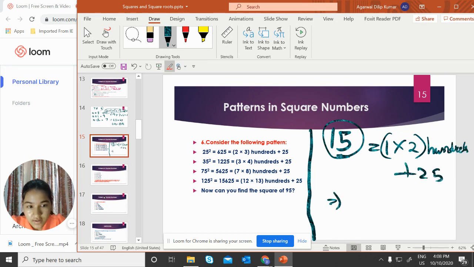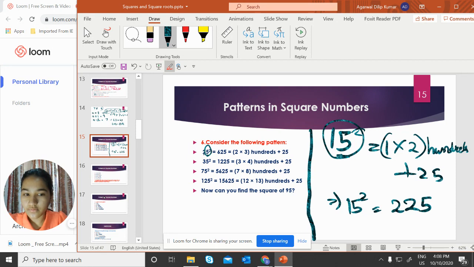That implies 15 square is equal to 2 hundreds plus 25, 225. Same way, see, 25 square. So here it's ending with 5. 2 into 3, hundreds plus 25. 3 into 4, 100 plus 25. 75 square, 7 into 8, 100 plus 25.